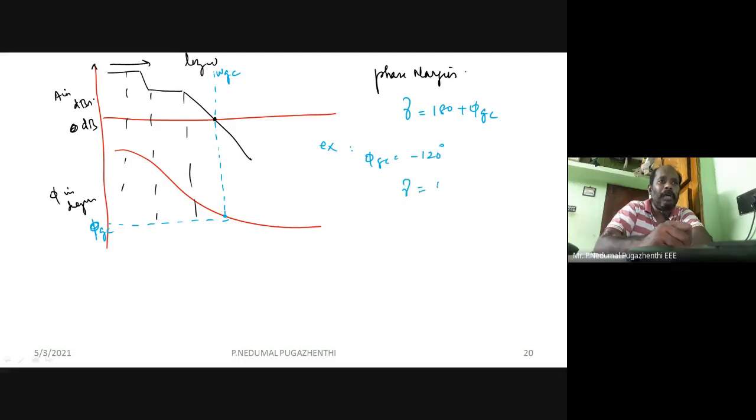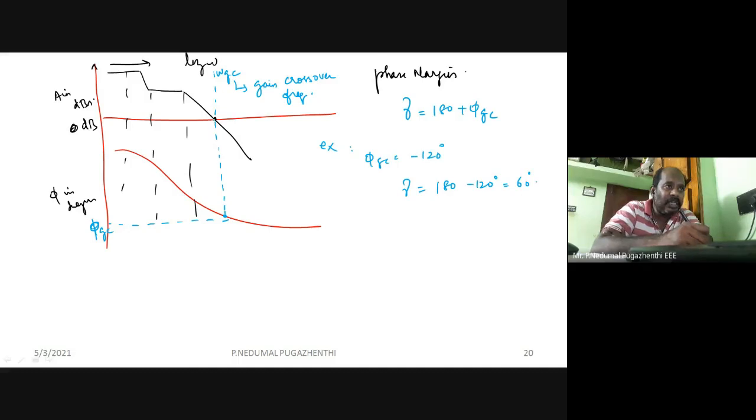Then my gamma is equal to 180 minus 120, which is equal to 60 degrees. So what you are doing is trying to see where my magnitude plot crosses the 0 decibel line. The corresponding omega value is called the gain crossover frequency, and the corresponding phi value is identified.